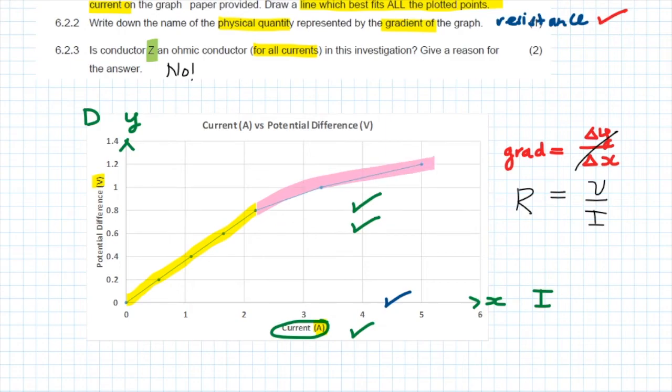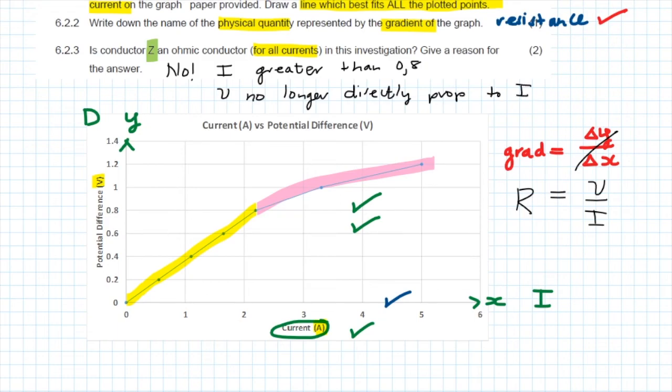So we can say that for currents greater than 0,8, we find that the potential difference is no longer directly proportional to the current. Yes, it is true that the potential difference does still increase, but we don't have a linear relationship, and therefore the answer to this question is no. You're going to get 1 mark for your answer no, and 1 mark for your reason.